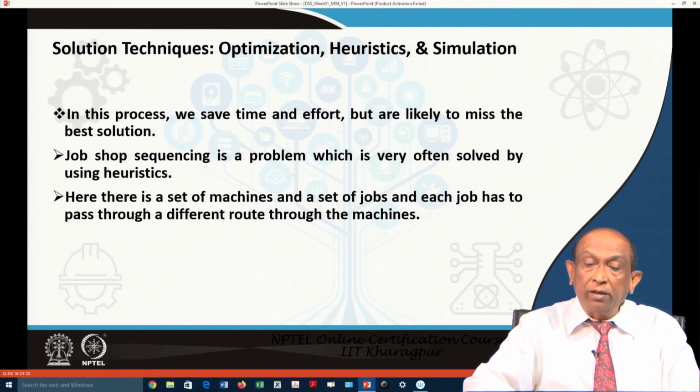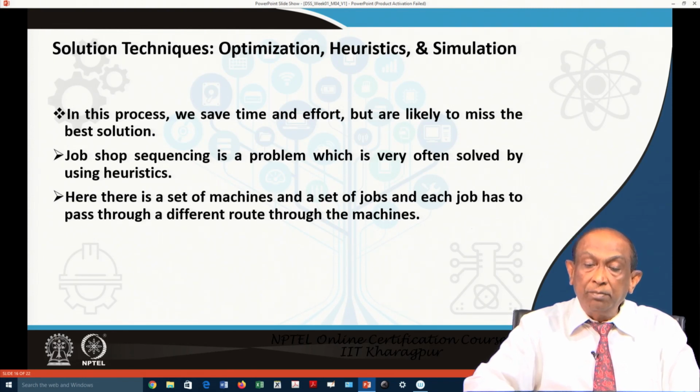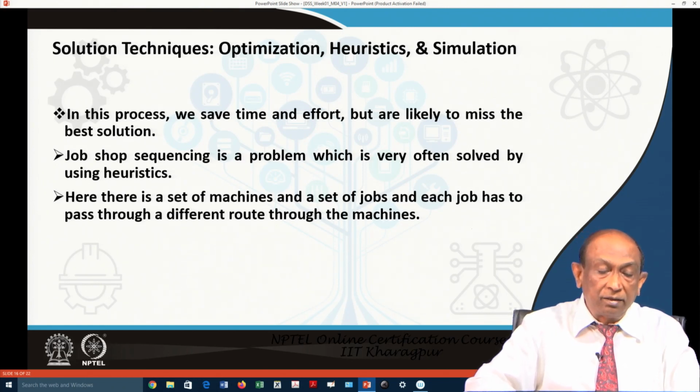So, by deploying heuristics, the managers save time and effort. They may likely miss the best solution, but the emphasis here is to generate an effective solution.